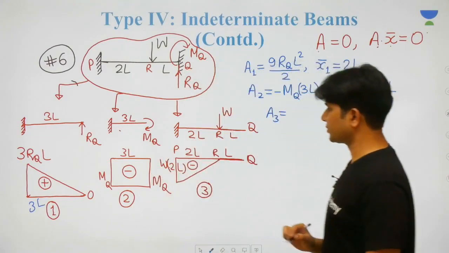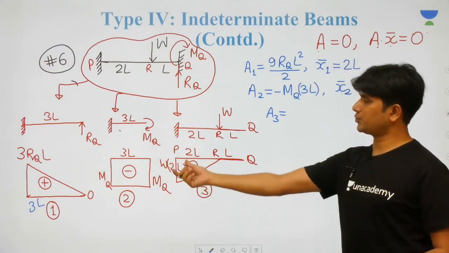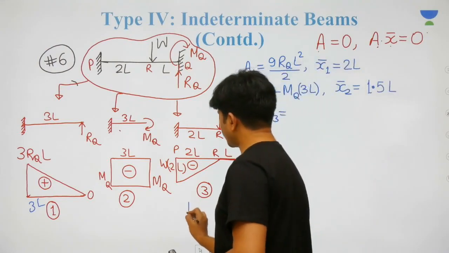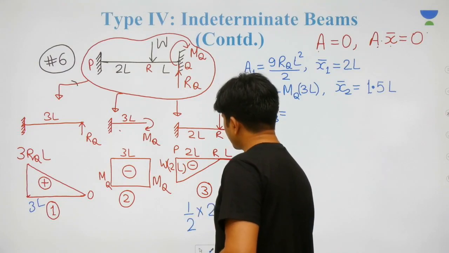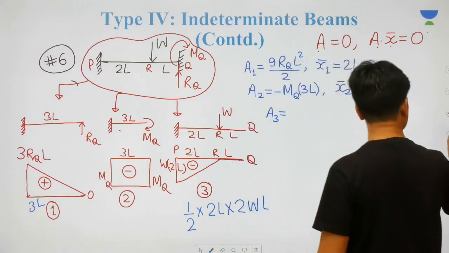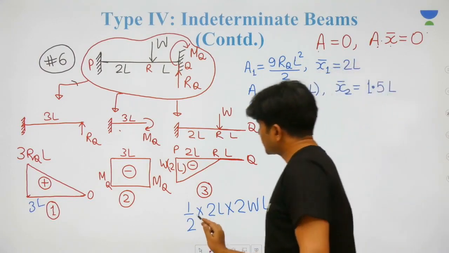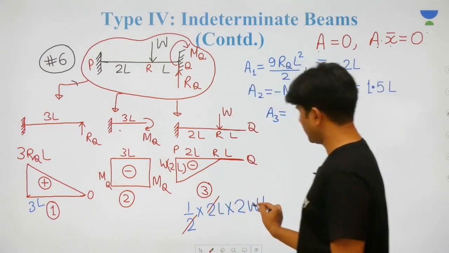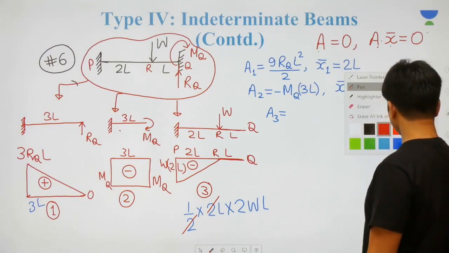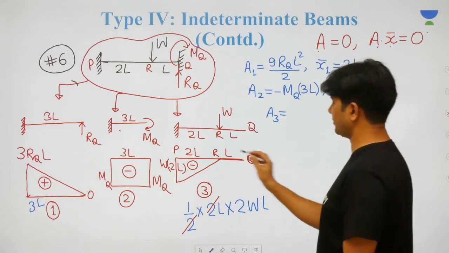Alright. And then my dear friends, we have this third area. The third area is going to be half into 2L into 2WL. So half into 2L into 2WL is what? 2 is common here, so it will cancel, and we are left with 2WL square. But please mind it, this is a negative area once again.